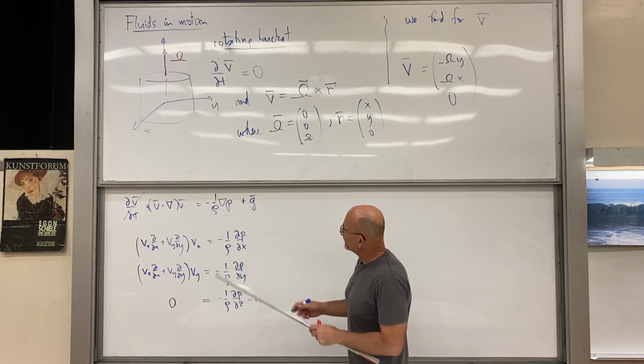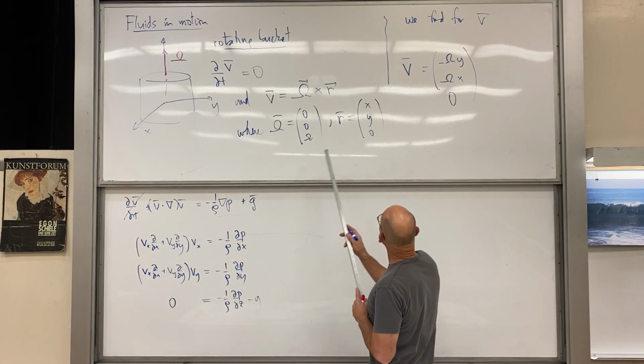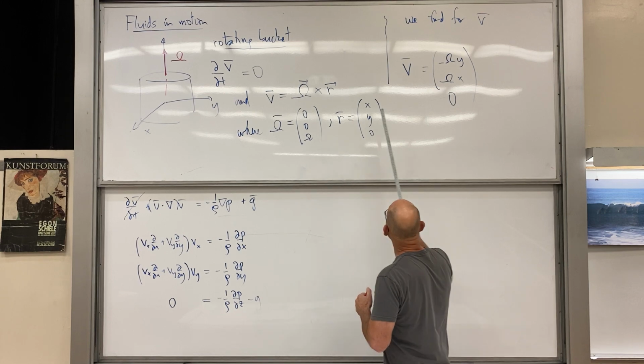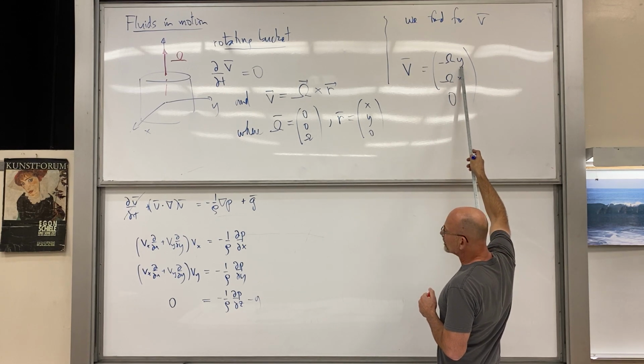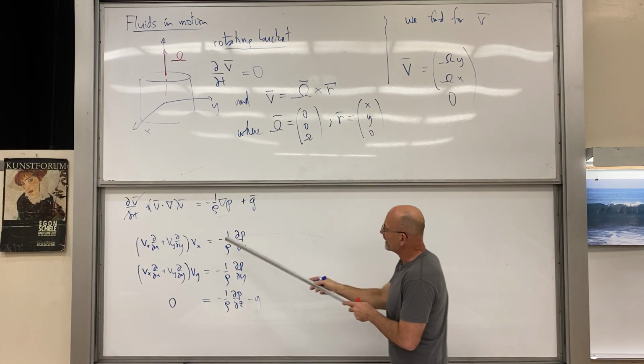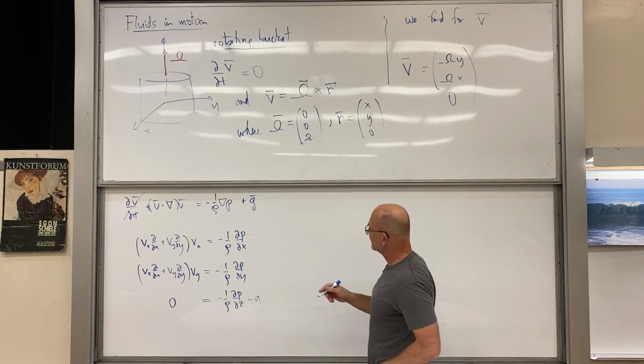Okay, so now what do we have here? vx d over dx of vx, okay. d over dx of vx, of course, is 0. And we have vy d over dy of vx.